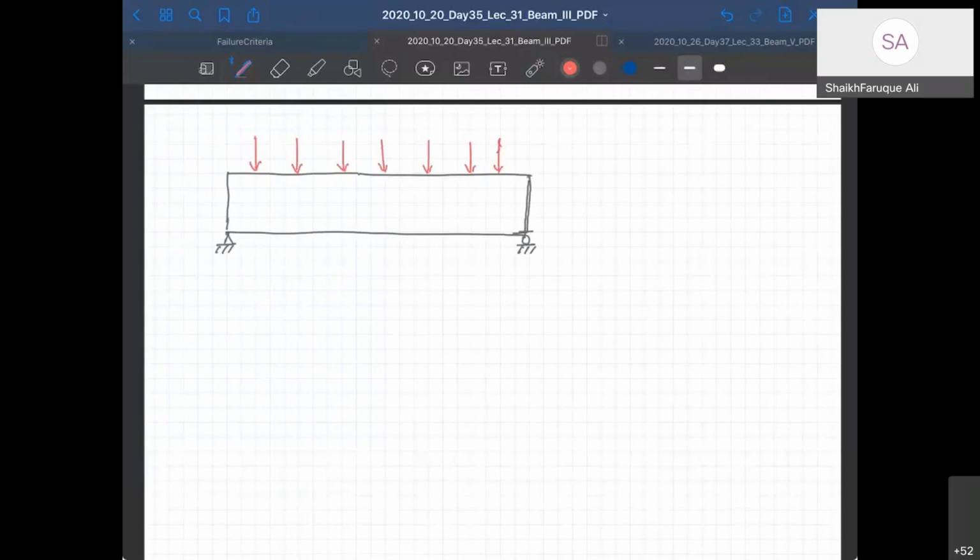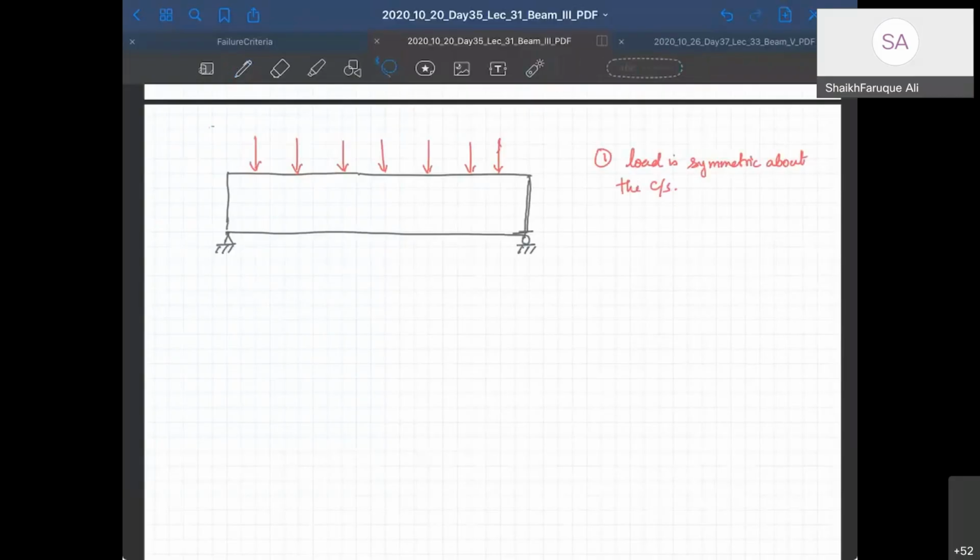First point, the load is symmetric about the cross section. Okay, what does that mean?